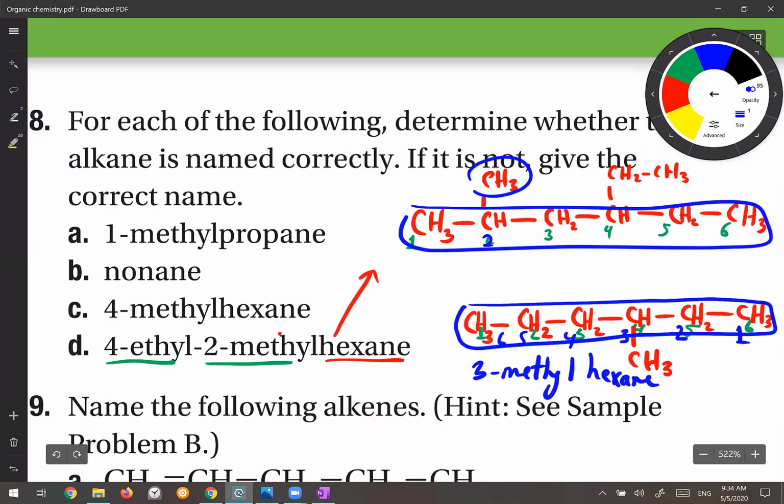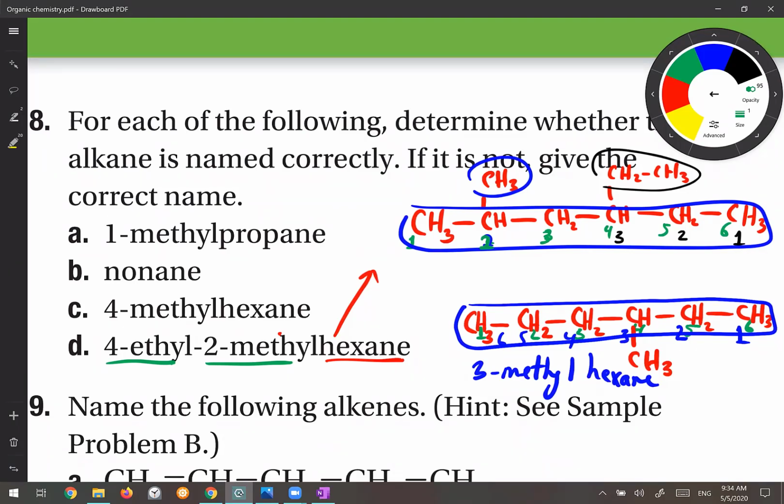But if you number this compound from the right side, this would be carbon number 1, this is carbon number 2, this is carbon number 3, and the first branch appears at number 3. So from the left side is the correct system of numbering.